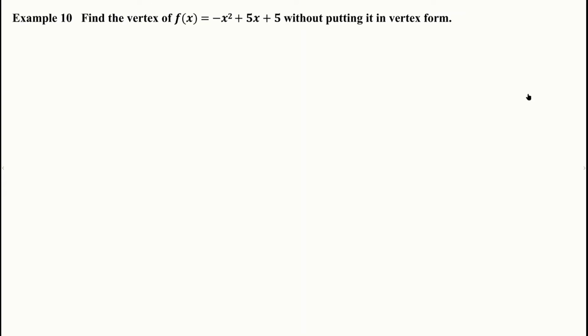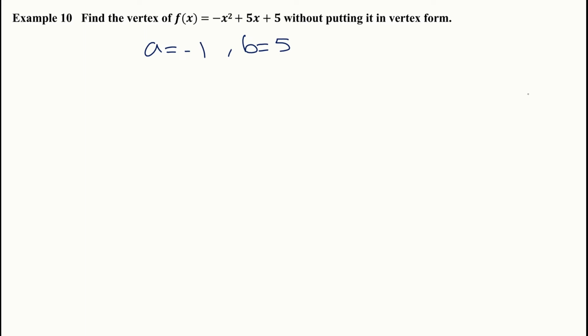All right, so here we have a parabola, and we're going to find the vertex without putting it in vertex form, right? So remember, it is a standard form parabola. So we have a equals -1, b equals 5. Do I care what c is?